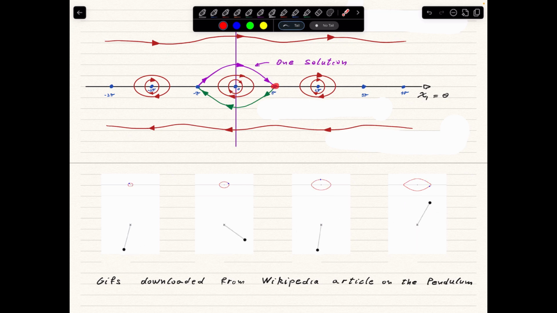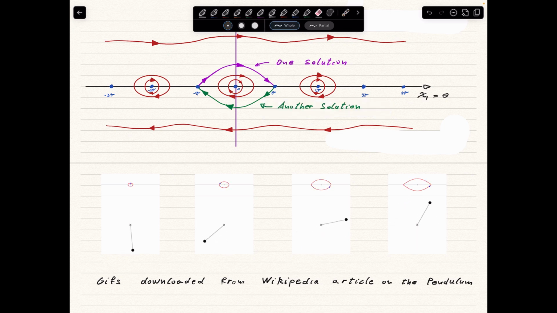The top is one solution. When the pendulum is here, it doesn't move. It's an unstable solution, but it doesn't move. When the pendulum reaches this position from the other side and doesn't move, that is this solution. These are the equilibrium solutions, which are unstable. So when the pendulum reaches the top in infinite time, that is this solution. When the pendulum reaches the top on the other side, that is this solution. So this is one solution, this is another solution.